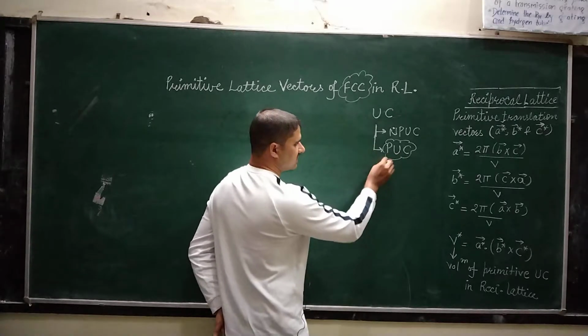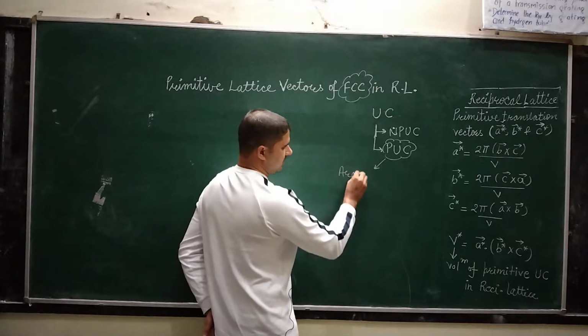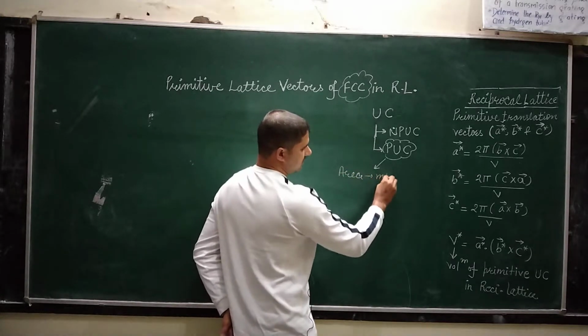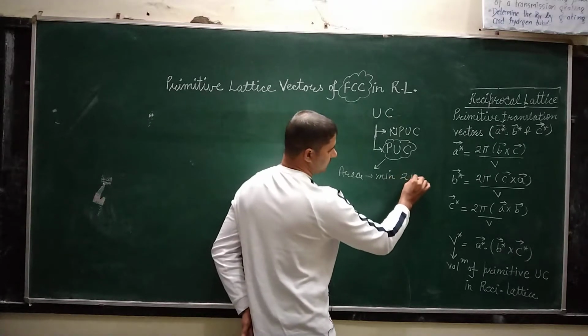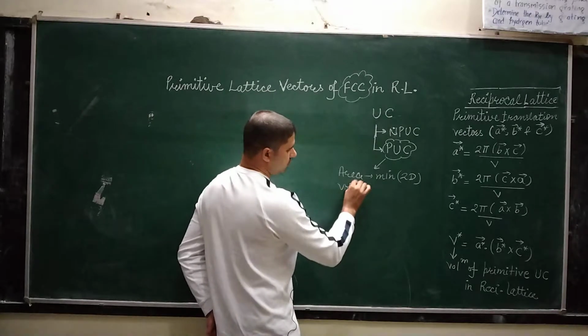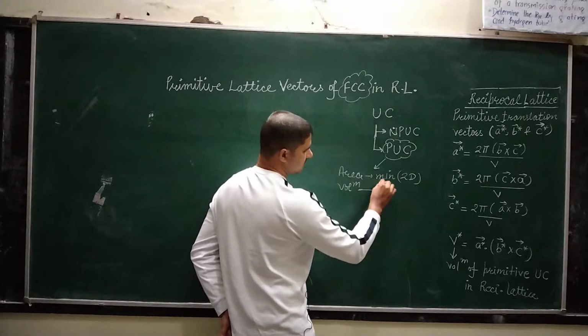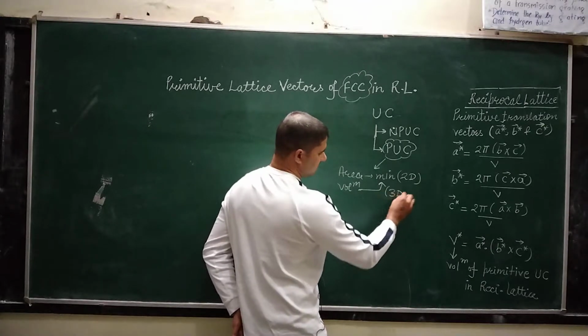So a primitive unit cell is that which is occupying minimum area. So here area is minimum, if we are dealing with a two-dimensional lattice structure, and the volume must be minimum if you are dealing with a three-dimensional structure.